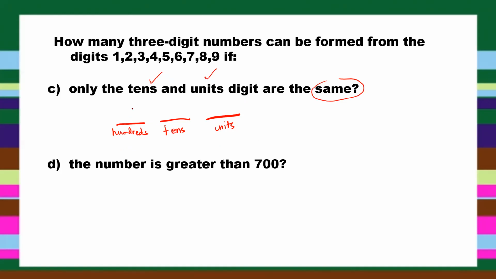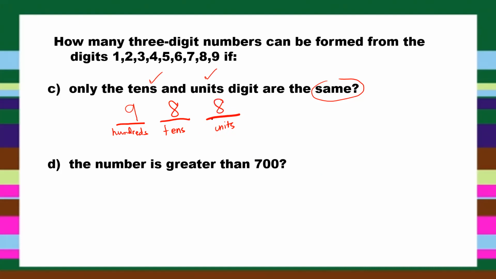So, sa first position, we have 9 choices. Sa second position, hindi sila pwede magkapareho, 8. Then sa third position, ilan na lang? 8. 8 pa rin. Correct.